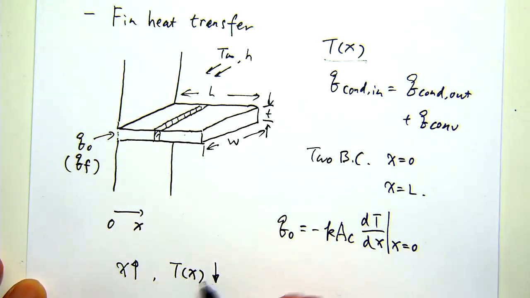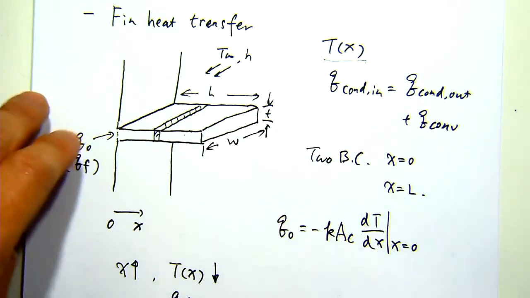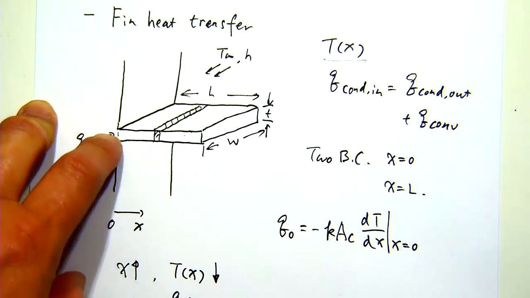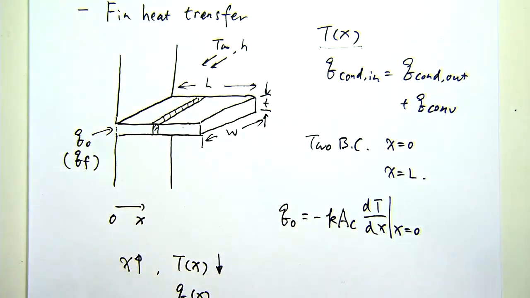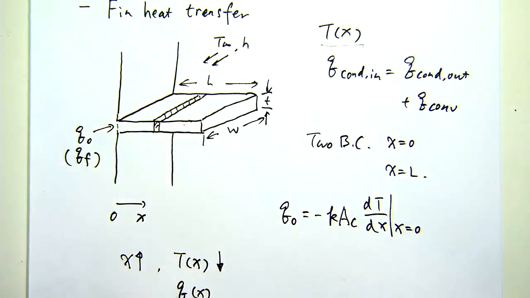And how about the Qx? The heat transfer along x. Again, if you consider that all the heat is coming from the base, and along the way you have the surface which is exposed to the ambient convection.